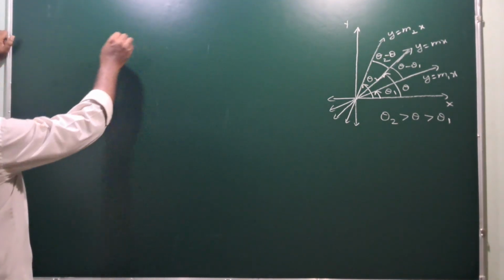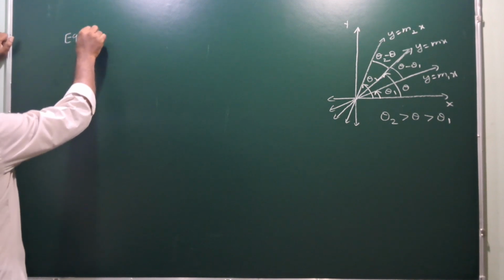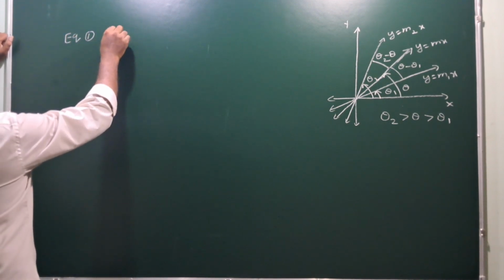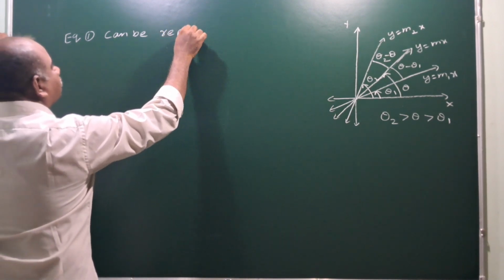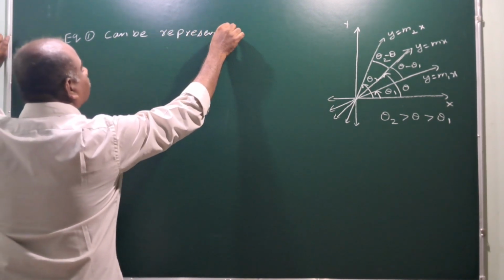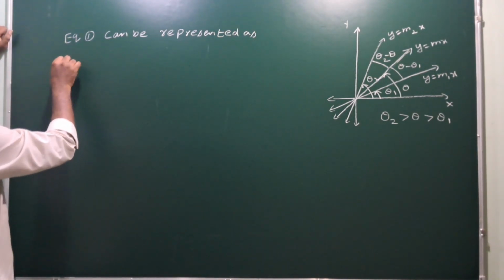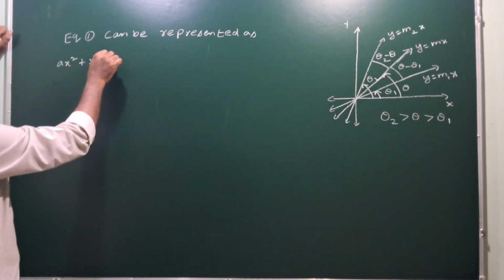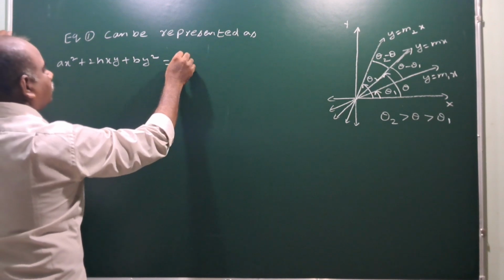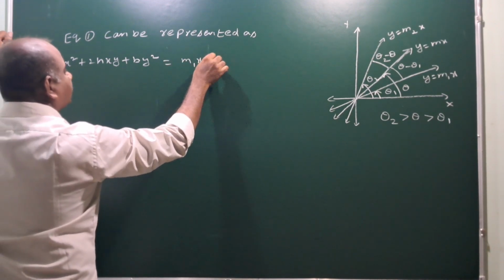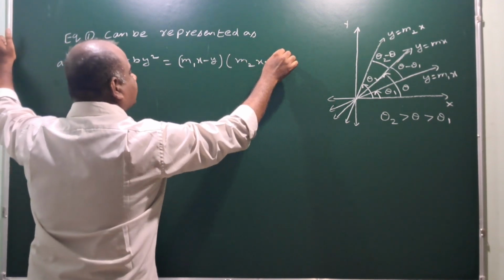So let us see. Equation 1, that means h is equal to 0, can be represented as ax square plus 2hxy plus by square is equal to m1x minus y into m2x minus y.